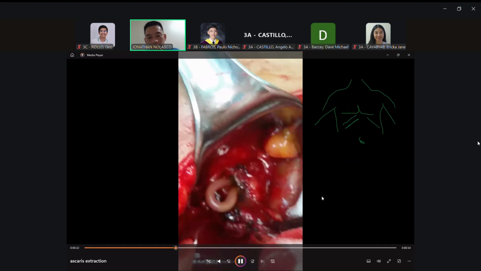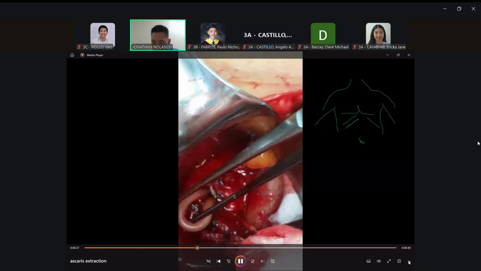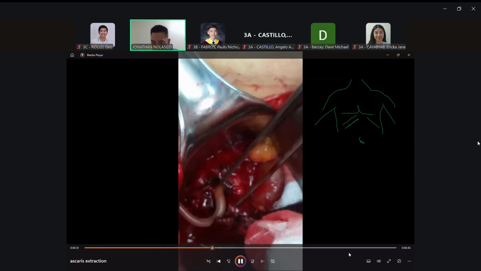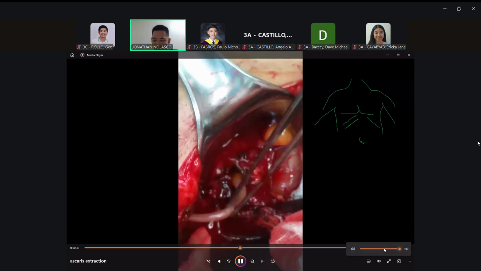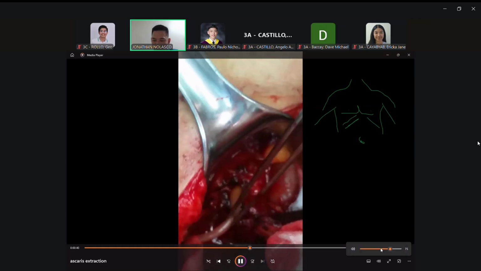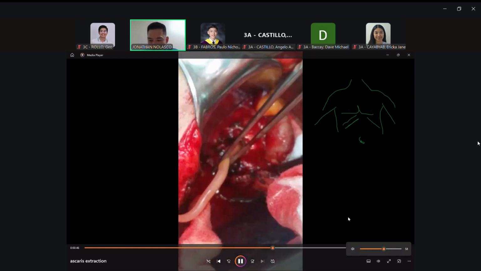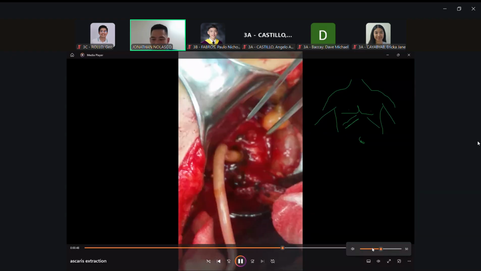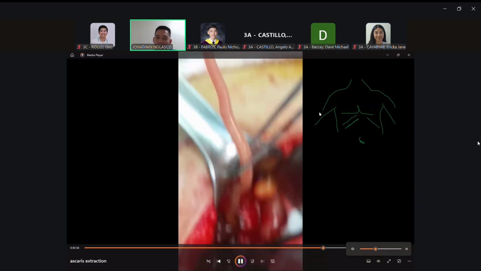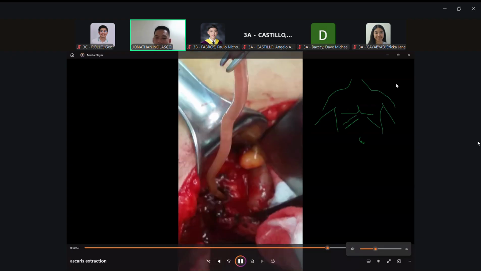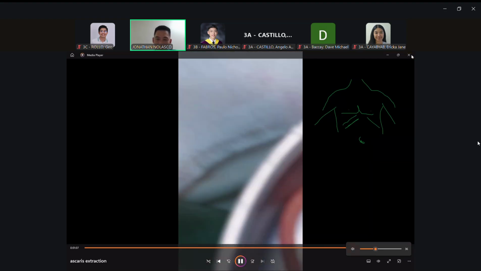Sorry, it's a bit bloody because of the inflammation, cholangitis. So that is an ascaris worm.